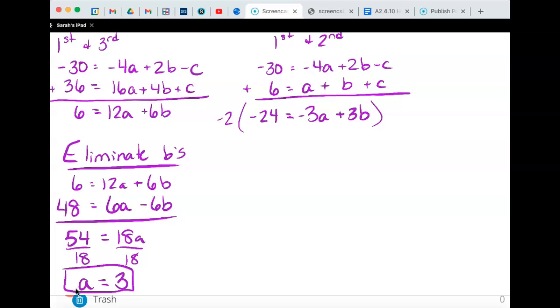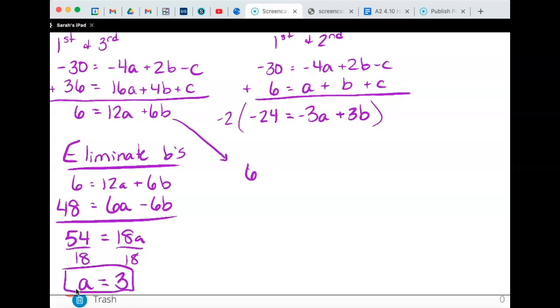So then, just like always, once you have one variable, you just substitute it back in to find the b and the c value. So I go up to the 6 equals 12a plus 6b, and the -24 equals -3a plus 3b. Okay. So that one, we're going to substitute.